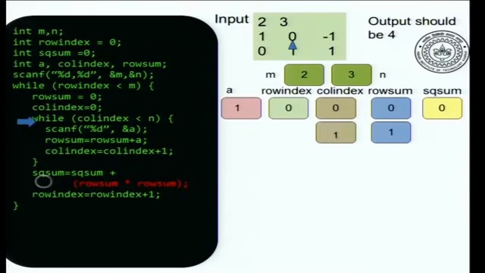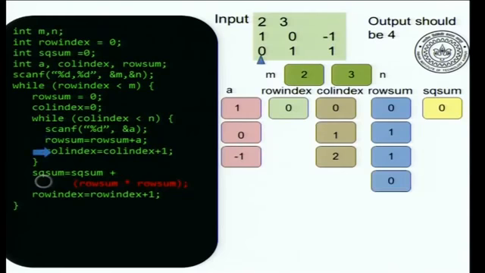Increment the column index, so you reach column 1, row 0. Read that number, add it to the row sum, go to the second column, read the number and add it to the row sum. Okay. So once you are done, now column index is 3.